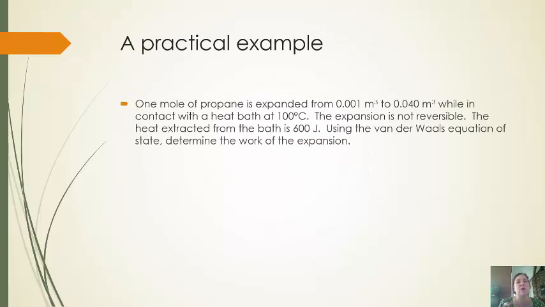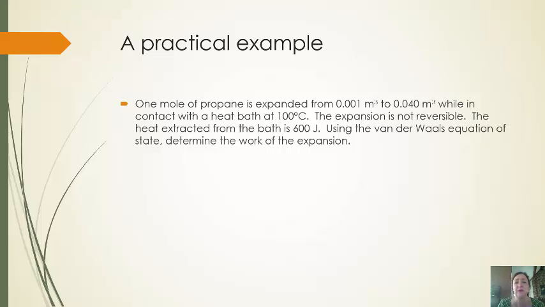Now, I said that I wanted to show you that this really is practical, what we're doing. So here I've got a problem. We want to combine what we know about the first law, the second law, and use limited data that we might find available to actually solve problems. So here I've got 1 mole of propane. I'm going to expand it from 0.001 cubic meters to 0.04 cubic meters.